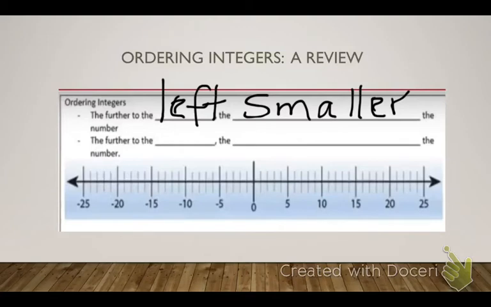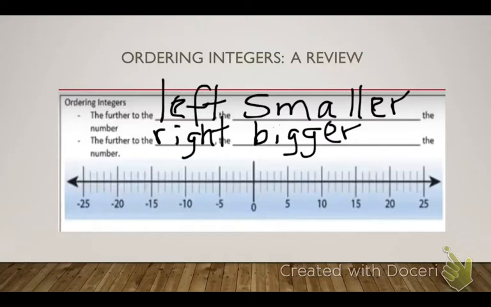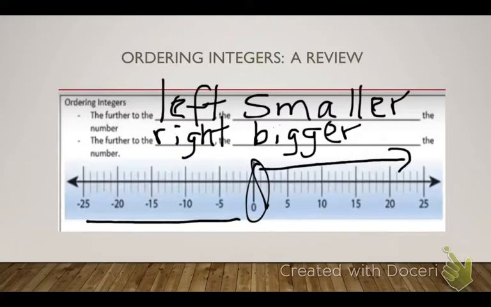And the further to the right you go, you probably guessed it, the opposite of smaller is bigger. The bigger the number becomes. Here's 0, and the further I go to the right, the larger the number becomes. If I go this direction to the left, the smaller the number becomes.